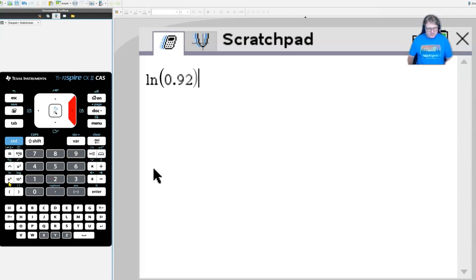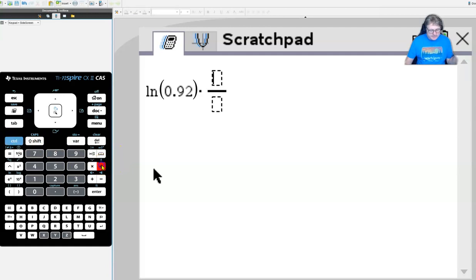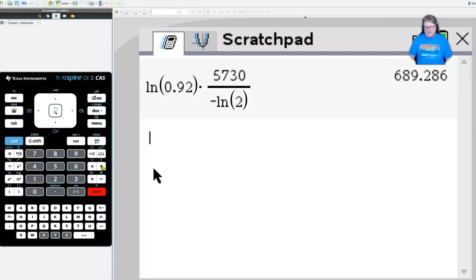And then we're going to multiply that by the fraction. And remember, we use the reciprocal. 5,730 is going to be over negative natural log of 2. And this should give us some nice decimal output. And so we get 689 and a little change there.